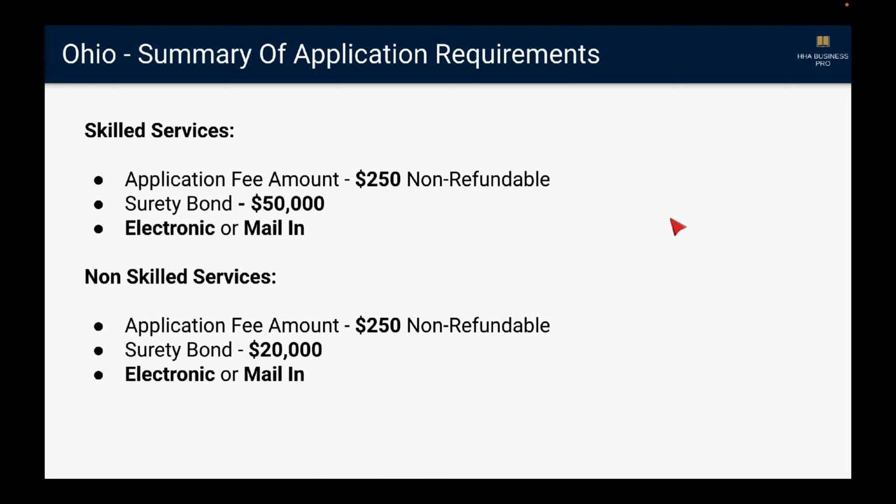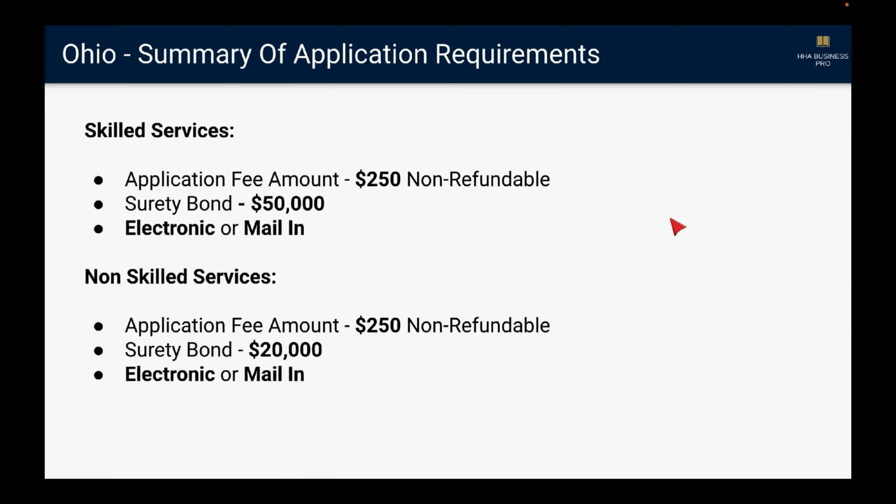So for the skilled services, the application fee is $250 to the state of Ohio, and that's a non-refundable $250. In addition to that, you need to show what is called a surety bond, and I'll cover what a surety bond means and how to get one in the next slide.